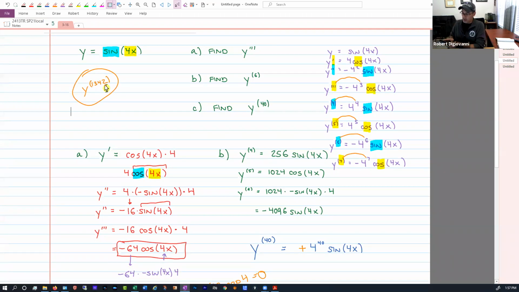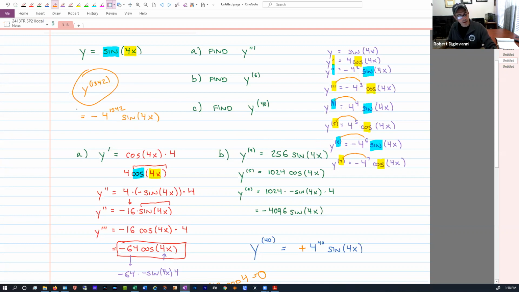You could probably do that on your calculator. 1342 divided by 4. You have a remainder there. So we know that the answer to this would be negative. And then it would be 4 raised to that power. And then would it be sine or cosine? Because it's an even number, sine. Yeah, all the evens were sine, so sine 4x.